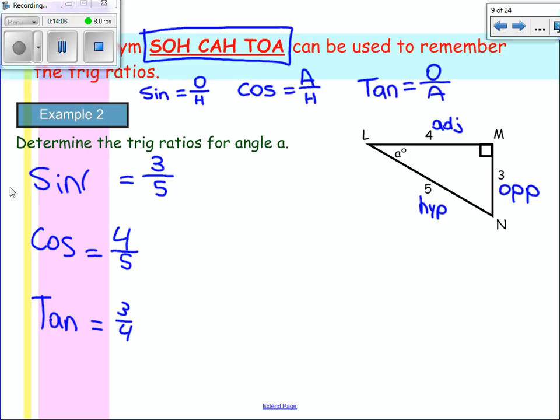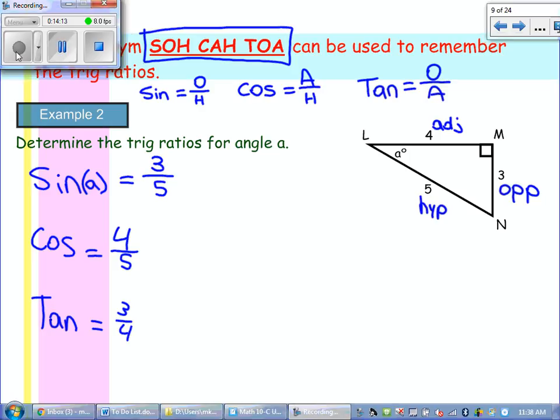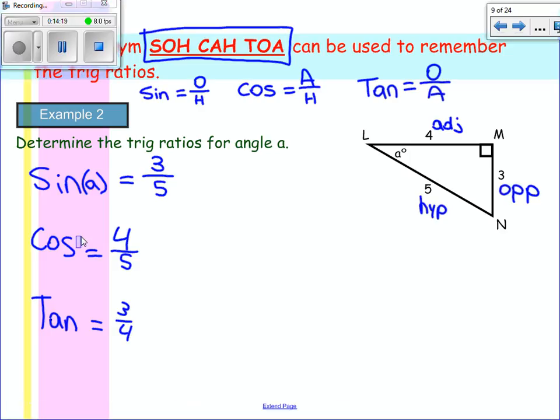Okay? It's okay if you don't have that in right now. See which angle you're actually working with to get these results. So each one of these should have bracket A for all of those. You don't have to have it in now, but you do need to have it in the future. So you need to know that it should be cos, and then you have to say what angle you're actually working with. And then tan, say the angle you're actually working with.